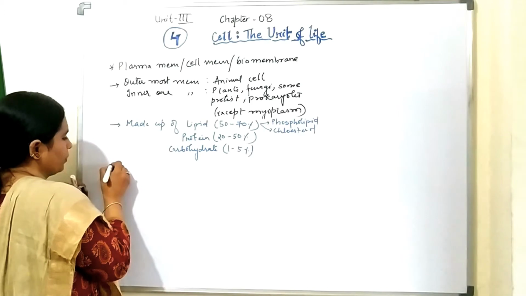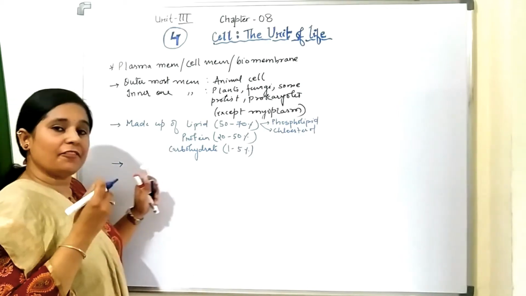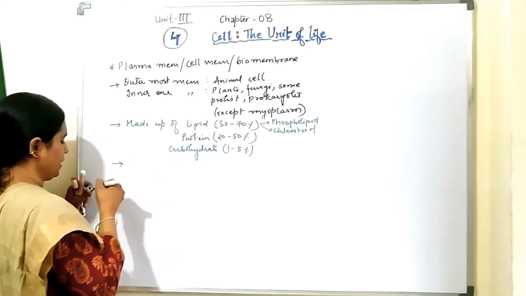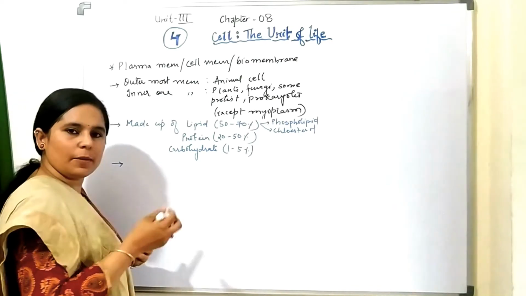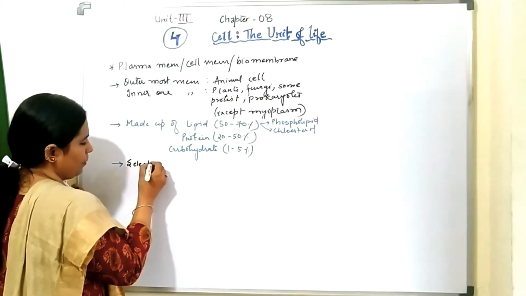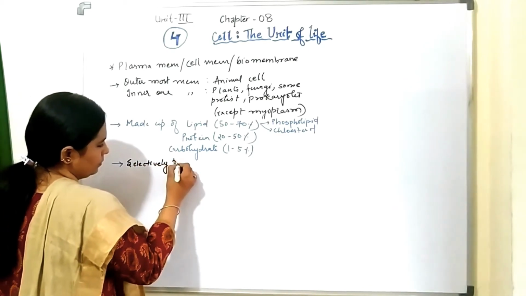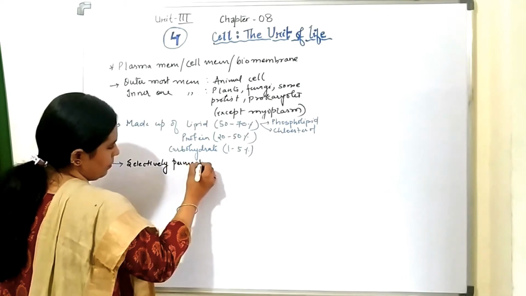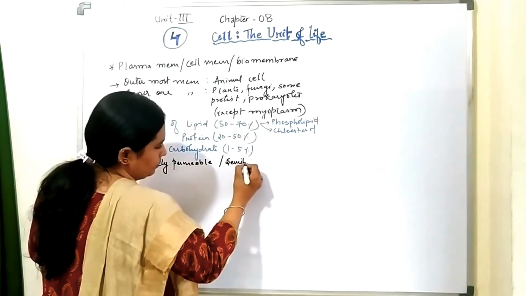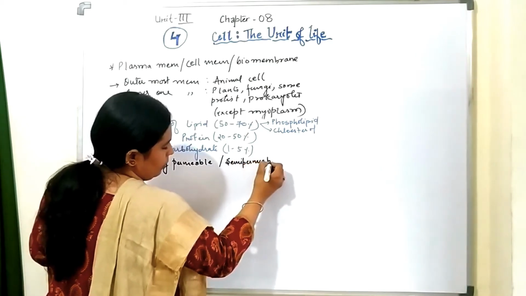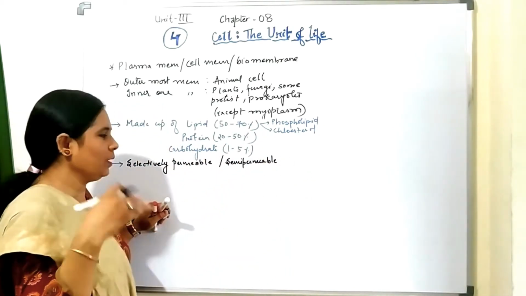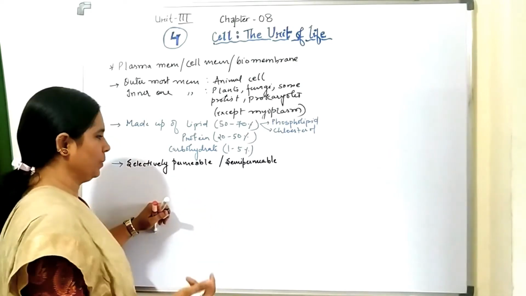Now if you will observe the function and the property of it, the most important property is that the plasma membrane is selectively permeable or it is semi-permeable. Now the next question arises, what do you mean by selectively permeable and what do you mean by semi-permeable?